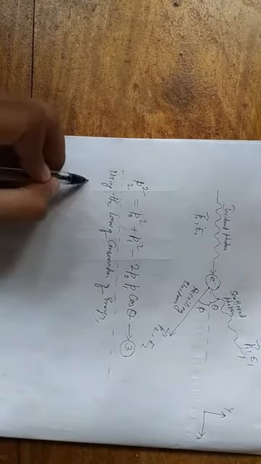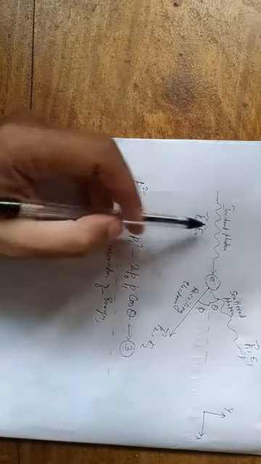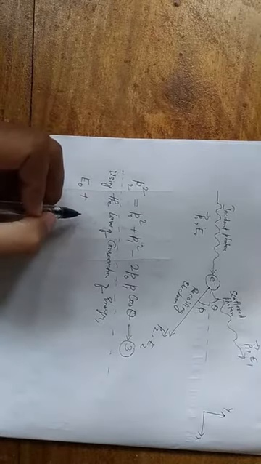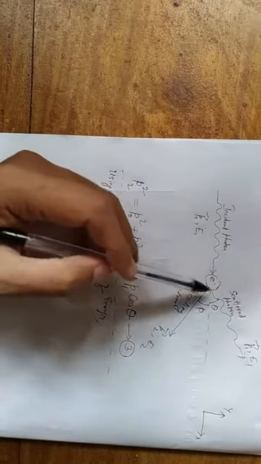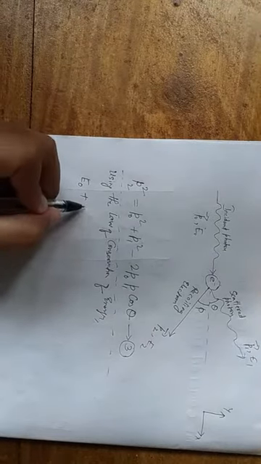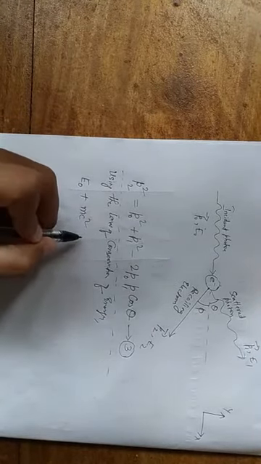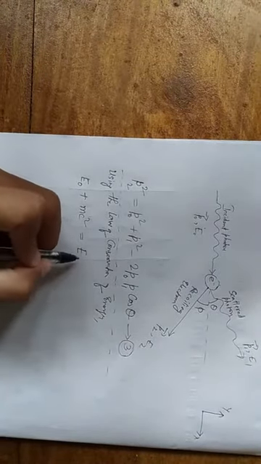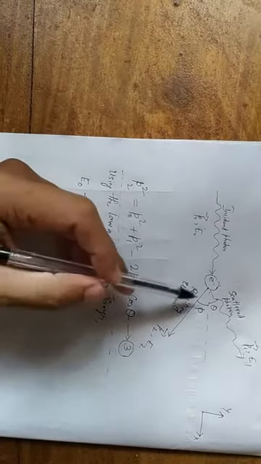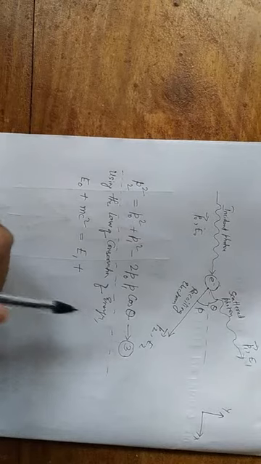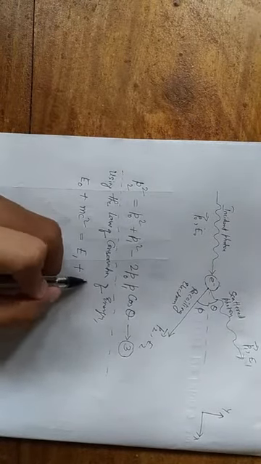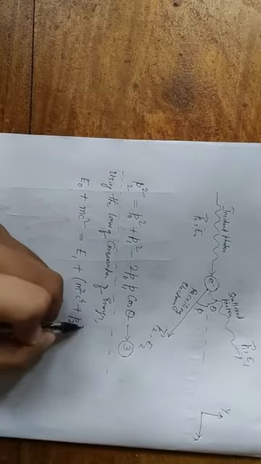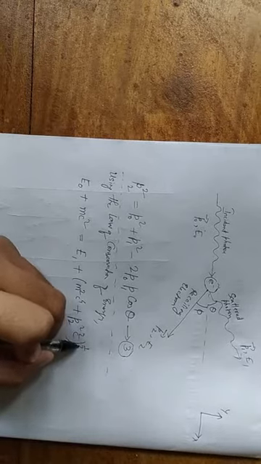You get E naught, the energy of the photon, plus the electron was at rest, so its rest energy will be mc squared, is equal to the energy of the scattered photon after scattering, that is E1, plus the electron after scattering moves relativistically, so its energy is given by (m squared c raised to 4 plus p2 squared c squared) whole to the power half.